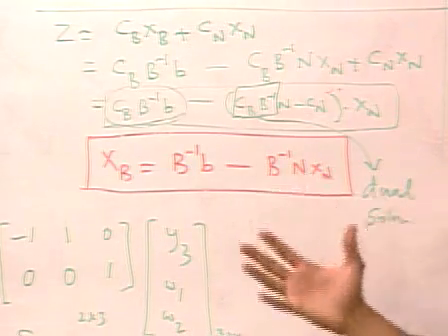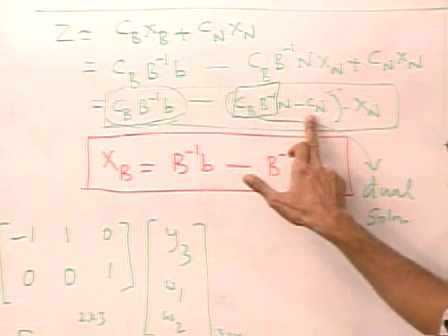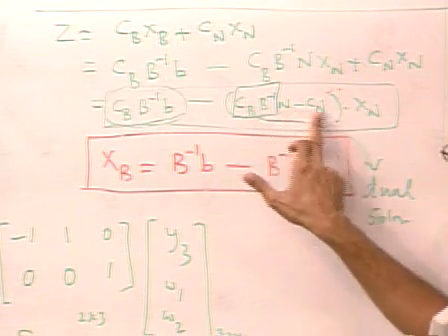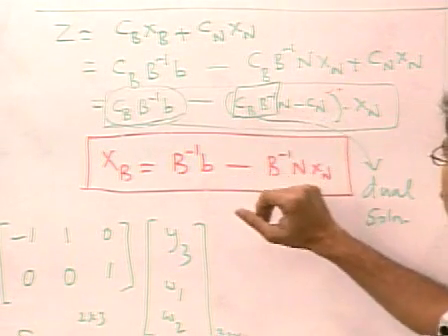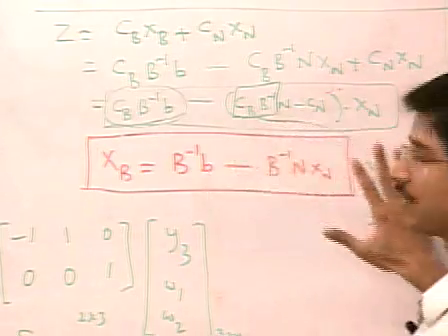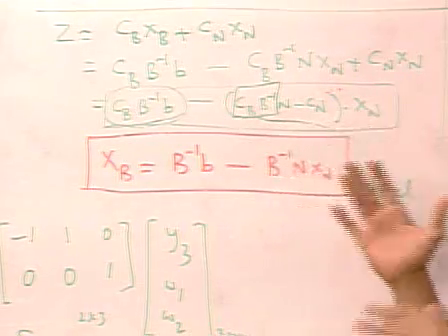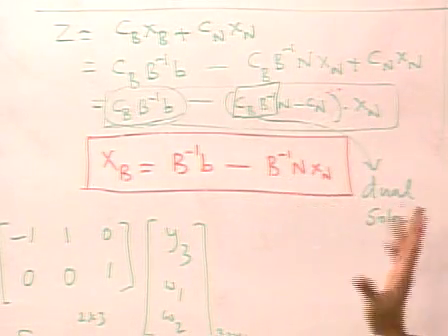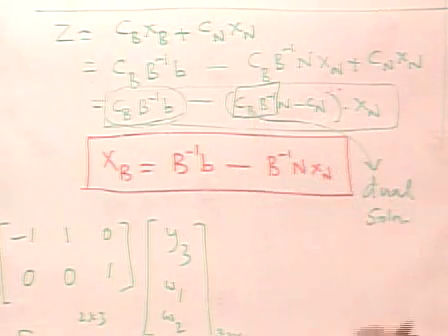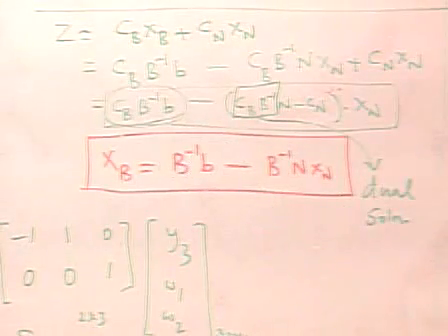But here's a clue: if your non-basic variables, let me not say anything more. So we are going to show that this is going to be the dual optimal solution, and this will satisfy dual feasibility, and its objective value will be the same. So we'll pick these up next lecture. I'll put some of these in the notes and post it.